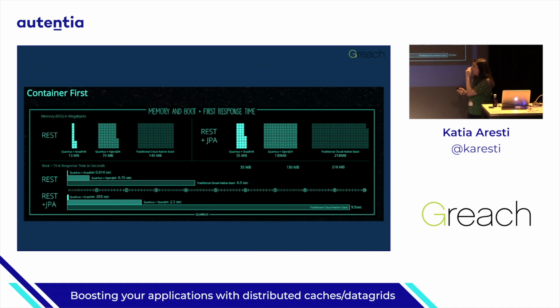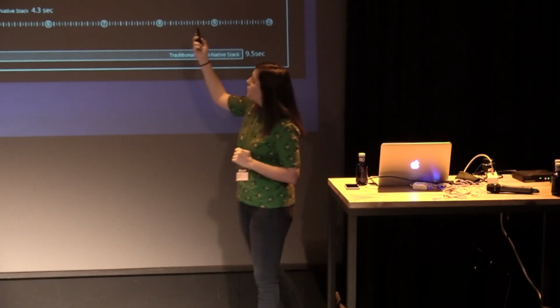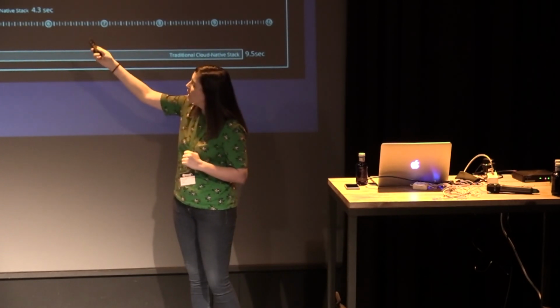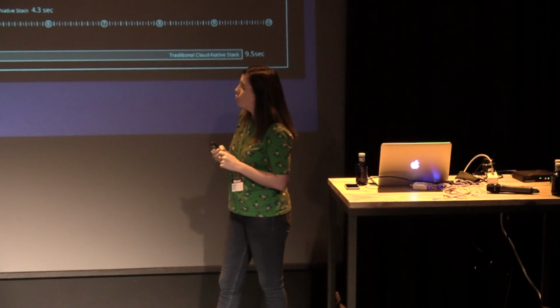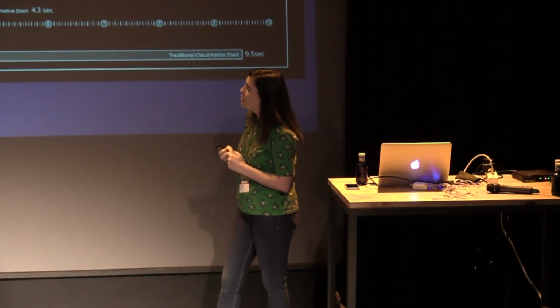Why is this important? We see here something I extracted, a very short thing that I'm going to say. We've seen that in a traditional cloud with a REST web service, we can have 140 megabytes.